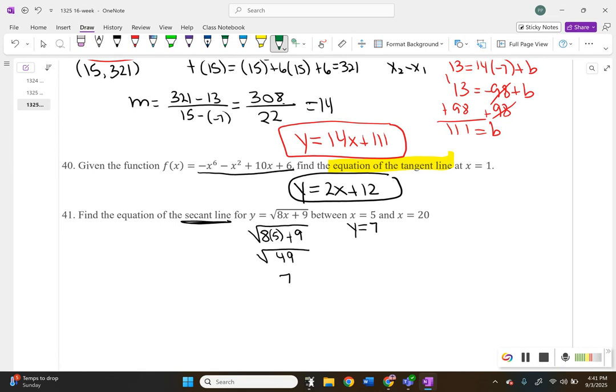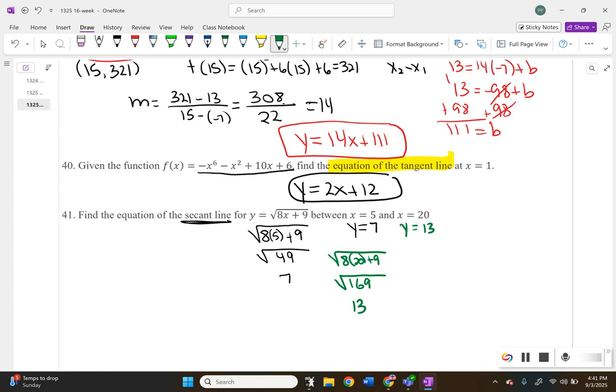And then I'm going to put the 20 into that equation, and I'll get the square root of 8 times 20 plus 9, which is the square root of 160 plus 9, which you could type in your calculator if you need to, but that would be 13. So y equals 13. So I have my 2 points.